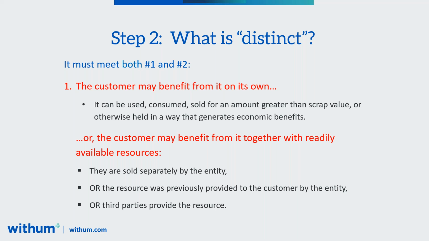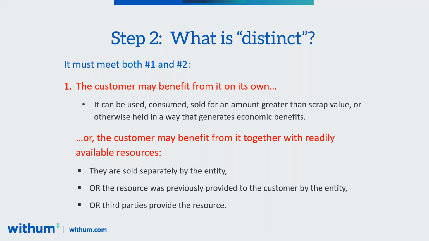So there may be some promises that the customer attaches great value to that perhaps for you as an organization, they're rather trivial. So you always got to look at it from the customer's point of view. And so when you have that list of promises assembled, then apply the 2 pieces of this definition of distinct to it. And the first piece is, think about it. May the customer benefit from it on its own.